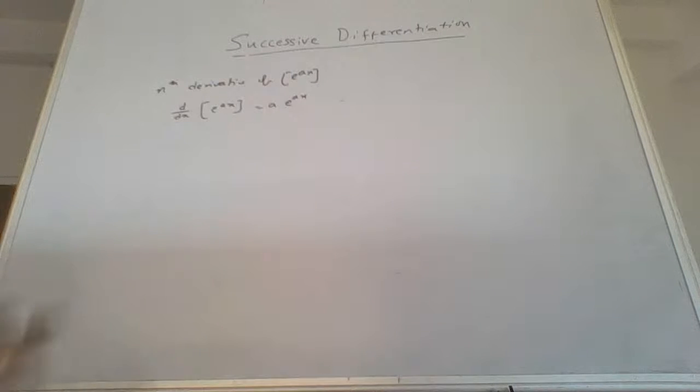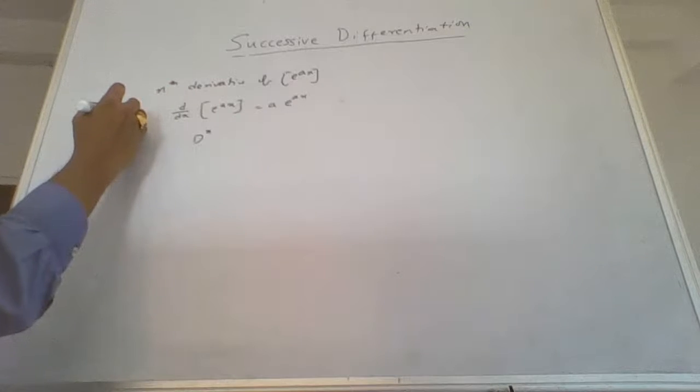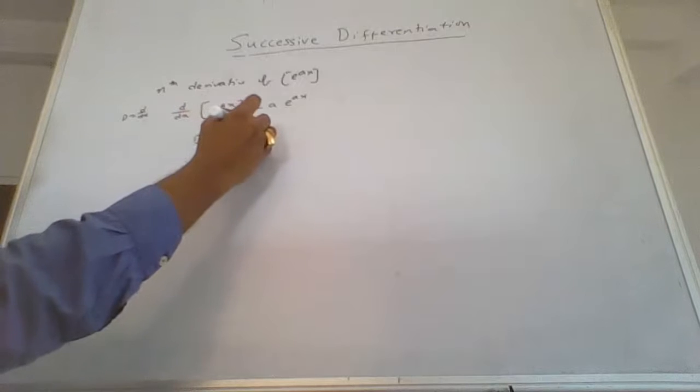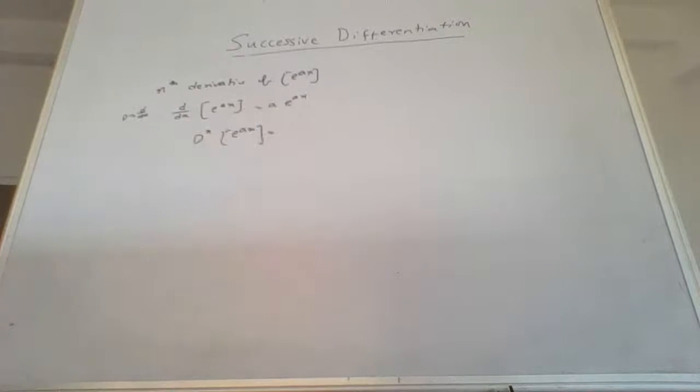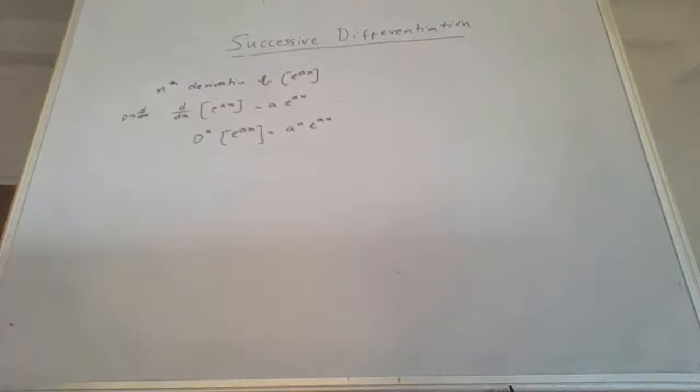Likewise, for the nth derivative, that would be a to the power of n e to the power of ax. Suppose if I put n as 1, I get the same result.